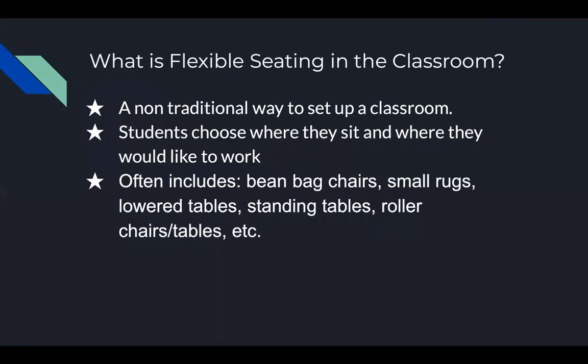So these are fun and unique ways and situations for students to work in that gets them excited and gets them set up to be as productive as they can without just sitting down in one seat at their desk all day. They have more energy and more choice in the classroom.